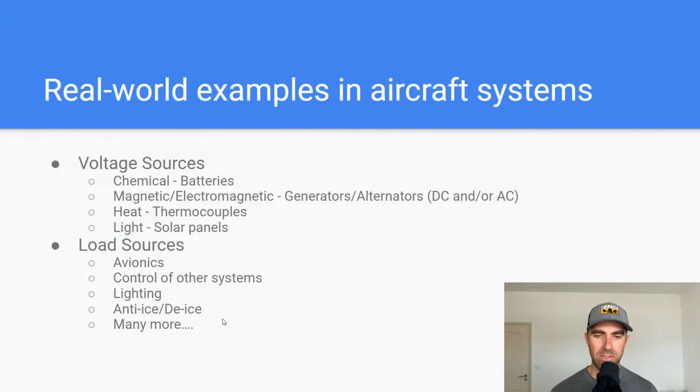Anti-ice or de-ice systems, so like pitot-static system heat, or like de-ice boots that might be out on the leading edge of a wing or something like that, where they're electrically heated. And then there are obviously many more that are not listed here, but just to give a base of ideas of common electrical components that are used in aircraft. So those are things that you can think of as real world examples in aircraft systems.